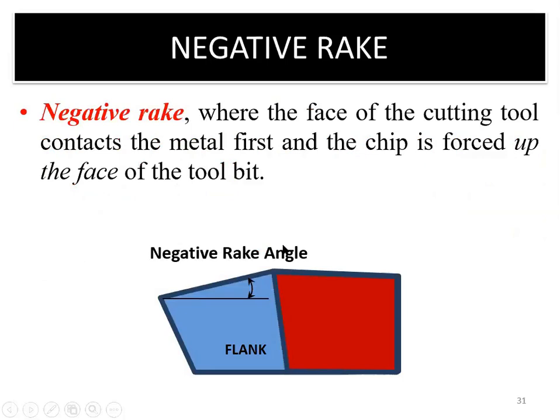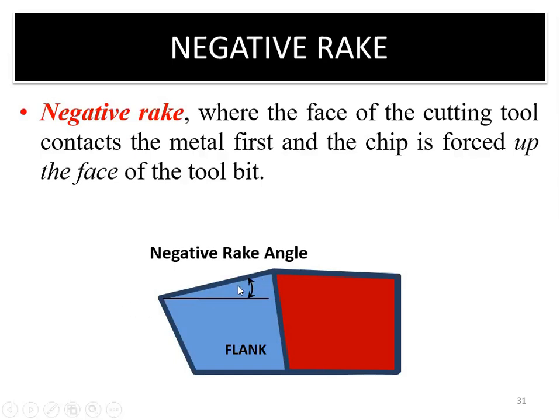Now come to the negative rake angle. As you can see in this diagram, from the cutting edge towards the sink, your rake face is upward. It is not downward, it is upward. This is your negative rake angle.